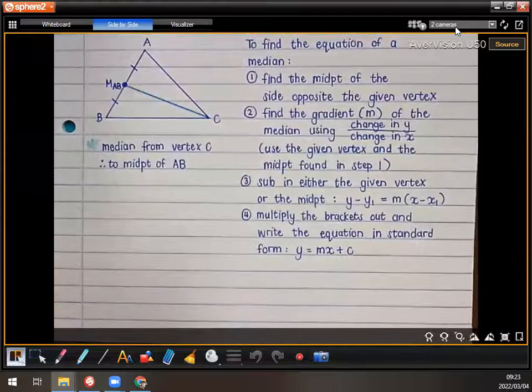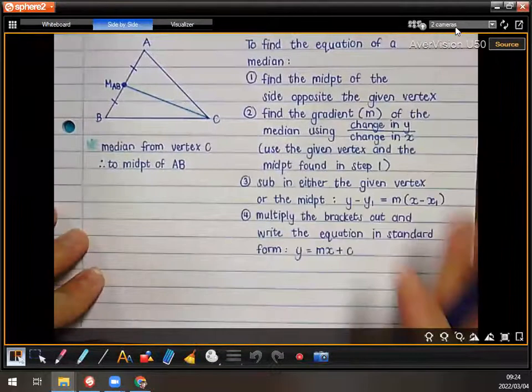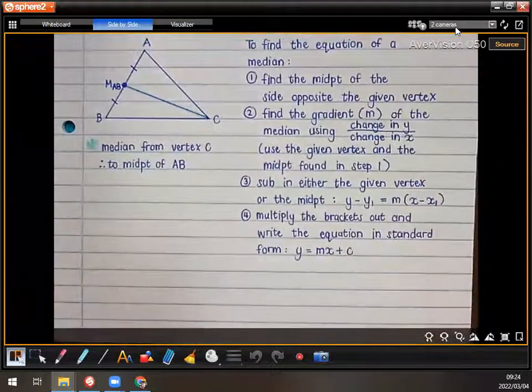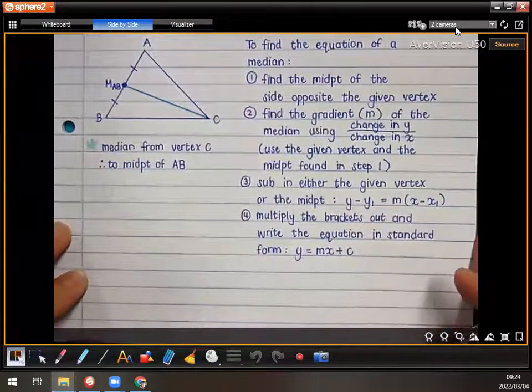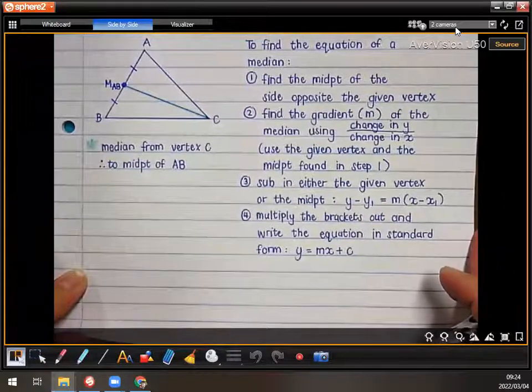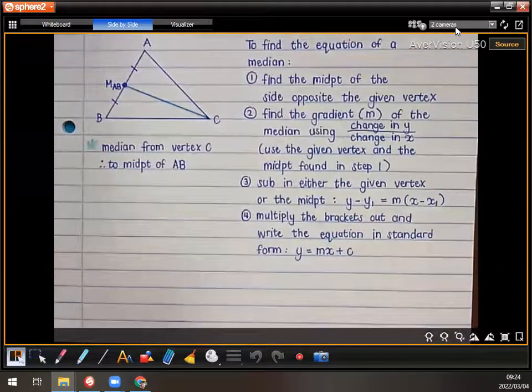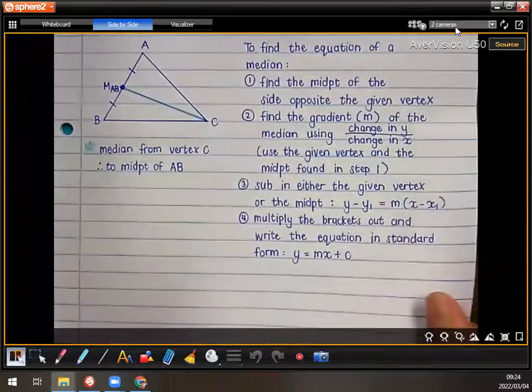Guys, when you see the word median, I want you to think midpoint straight away, and then go from there. Just make sure that everyone's done copying this down, because I'm going to have to write the example on the next page. If you're ready, you can write the examples along.